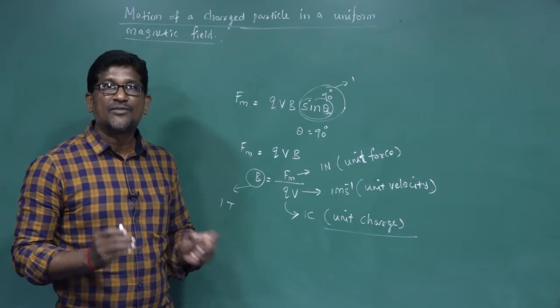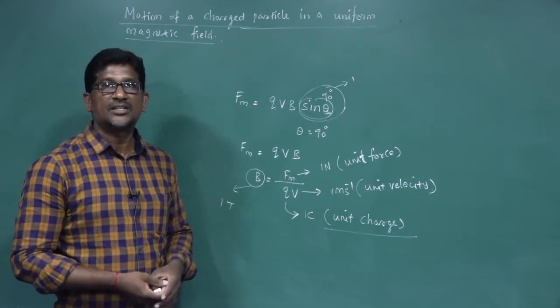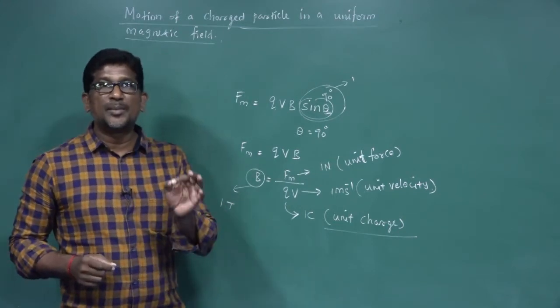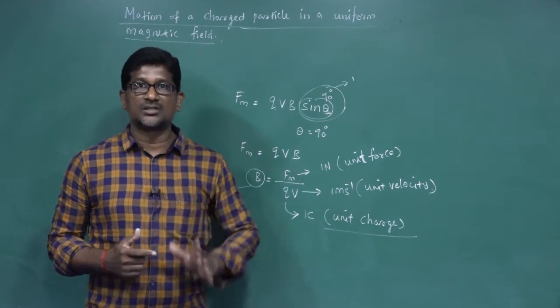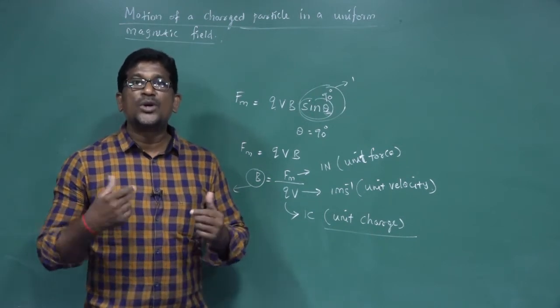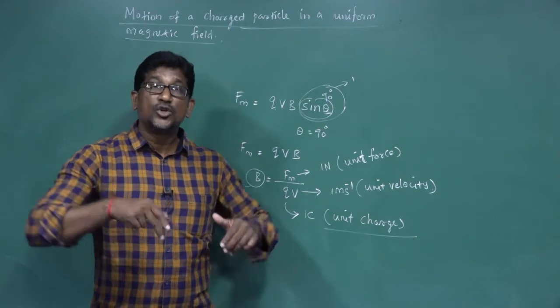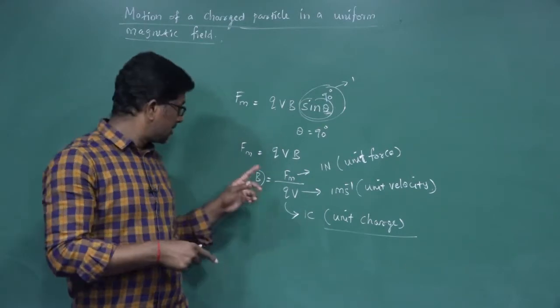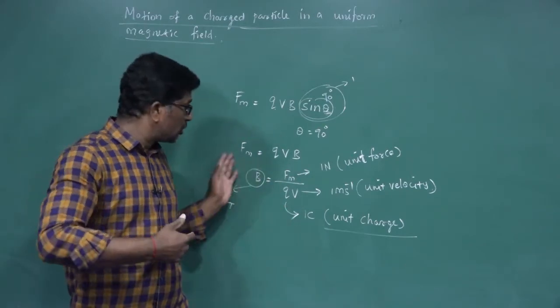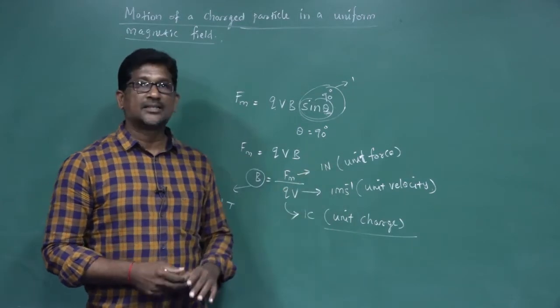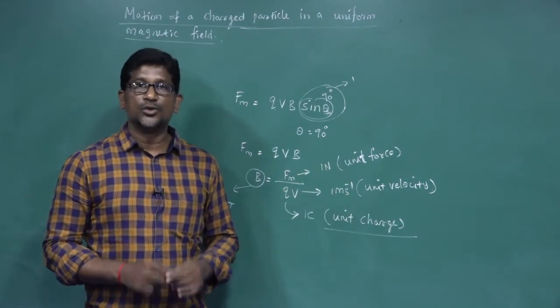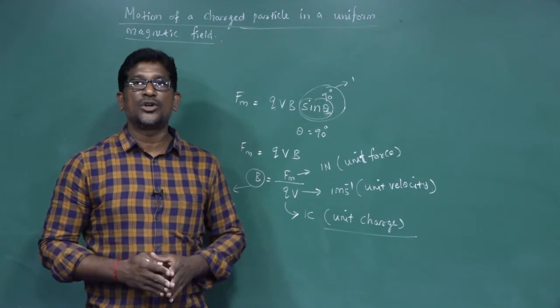So this is the definition of 1 Tesla. Once again I repeat, the strength of the magnetic field is said to be 1 Tesla if a unit charge is moving with the unit velocity in the magnetic field, perpendicular to this magnetic field, and experiences unit force.